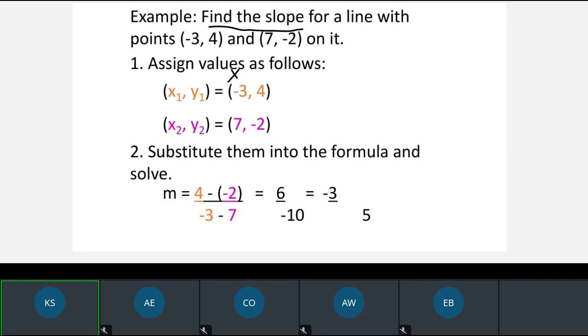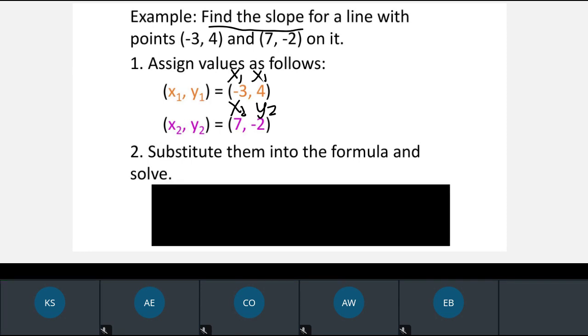Okay, so I'm going to label my points as x1 and y1, x2 and y2, and then I'm going to go ahead and cover this up so that y'all cannot see it. Now, when you're writing out your slope formula, what I want you to get in the habit of doing is put your fraction sign and then go ahead and put your subtraction signs.